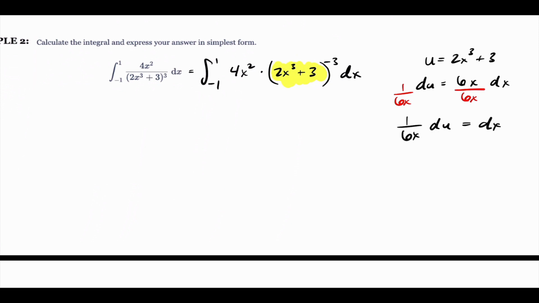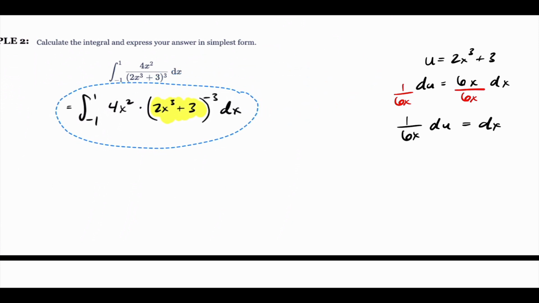So far, I'm doing everything I did last week. Haven't changed anything. Oops, forgot a squared. Should be 6x squared.